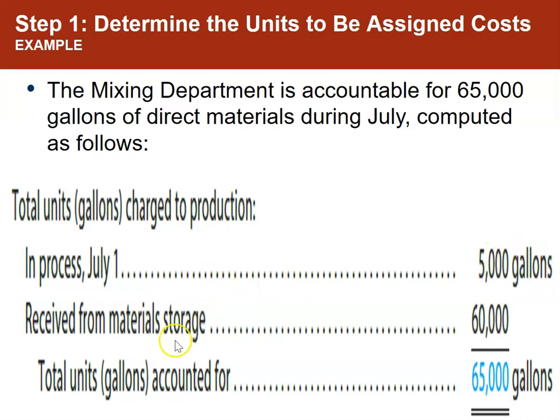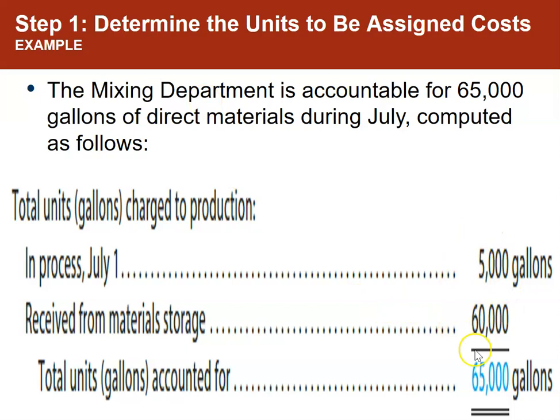Now, during the month of July 1 through July 31st, we're going to receive an additional amount of materials, all of those, what was it, butter and sugar and some kind of dairy, like milk or something like that, from materials that are flowing into work in process for the mixing department.